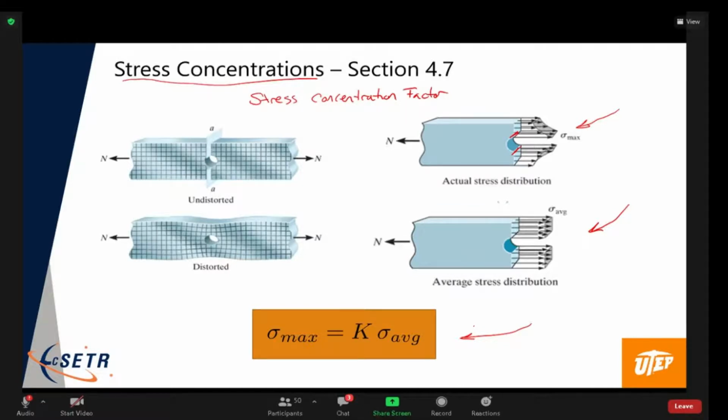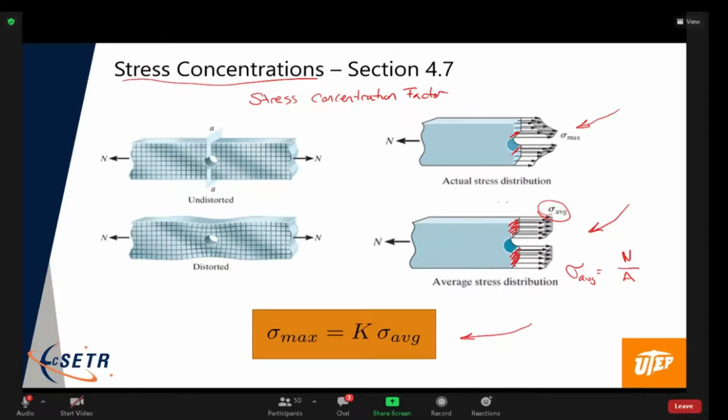If we didn't know anything about stress concentrations and we just wanted to naively compute the stress, you would get this average stress, where the average stress is equal to N over the area, and the area would be this reduced area here.